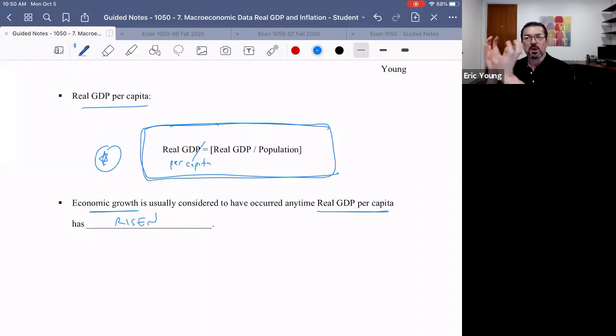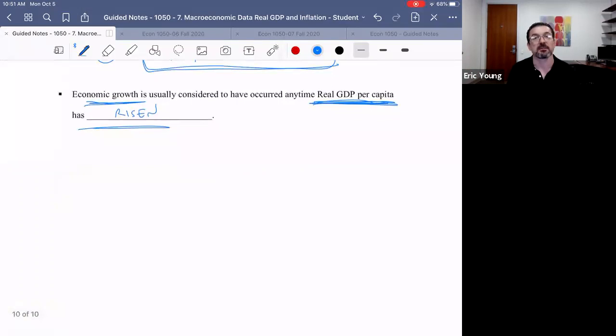So we moved from nominal GDP to real GDP, from real GDP to real GDP per capita. And now that we have real GDP per capita, you're equipped with the critical tool to determine if there has been economic growth. Economic growth, by definition, occurs anytime real GDP per capita has risen.